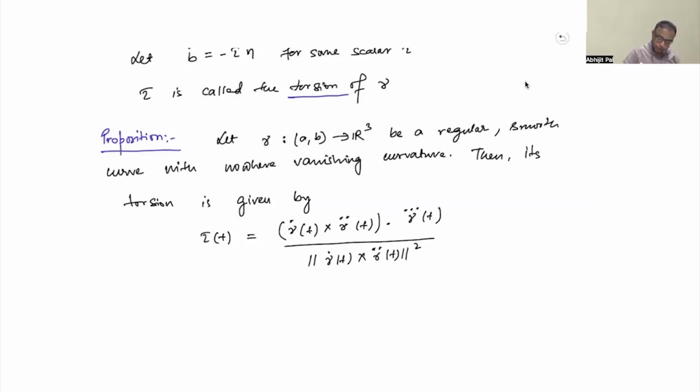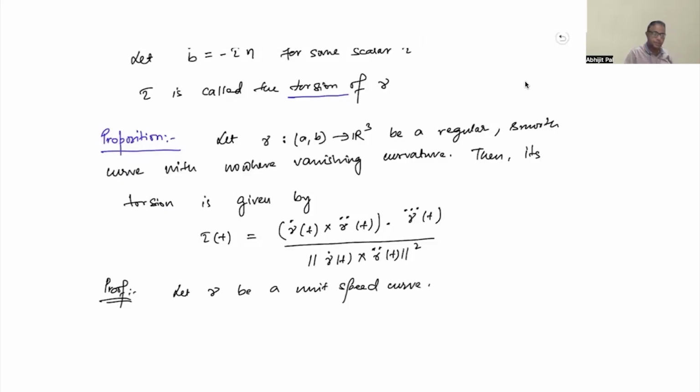Okay. So proof. First, let us assume that gamma is a unit speed curve.